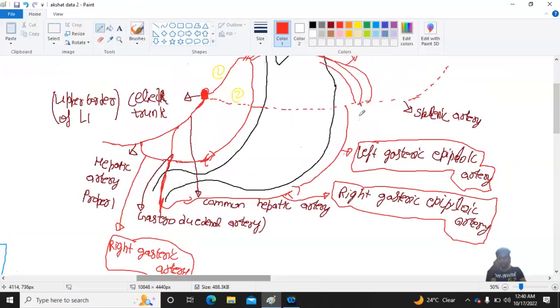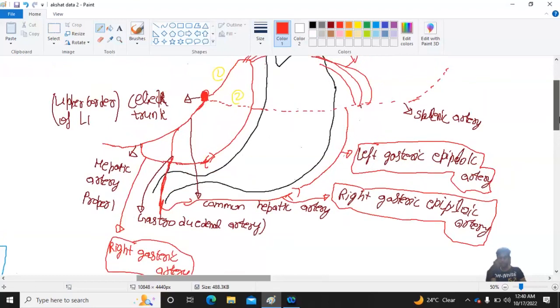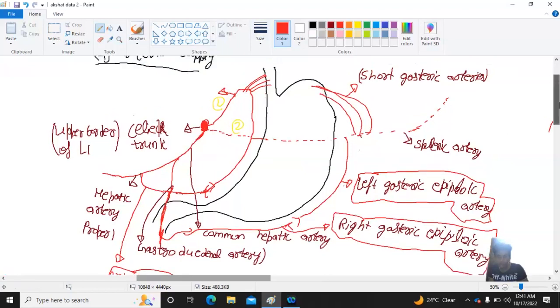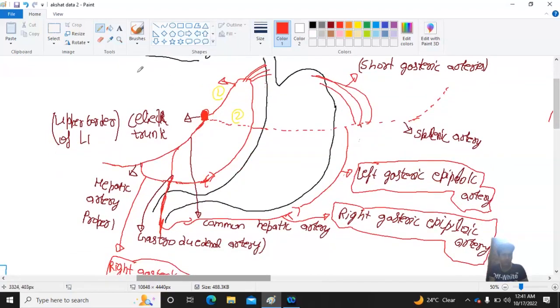Fourth is the left gastric artery. This is the left gastric artery.